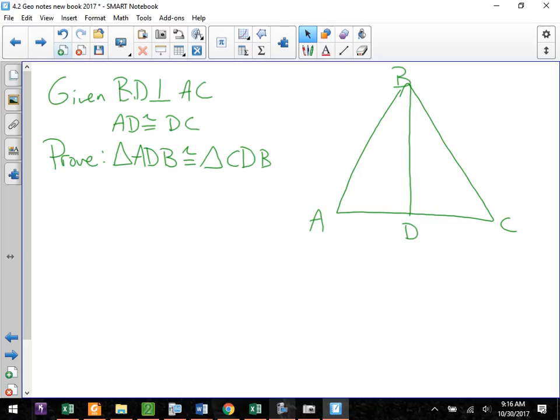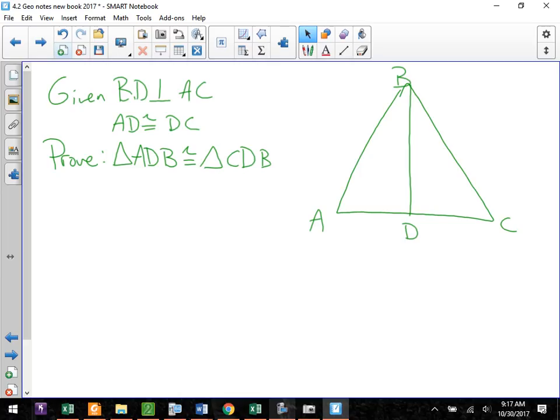Let's walk through it. If you have your progression sheets out, you should have something on there that talks about perpendicular. What it says about perpendicular is the first thing is to obviously put your given down, but then it says to state the right angles that are formed.